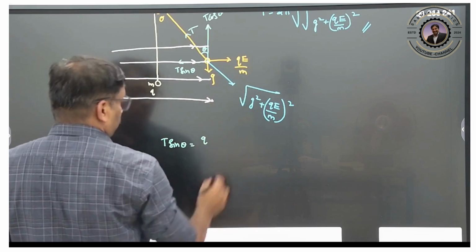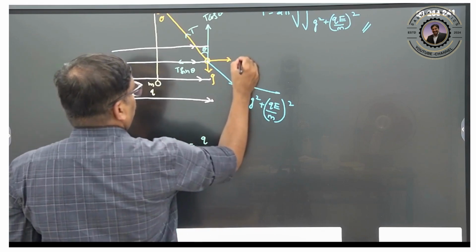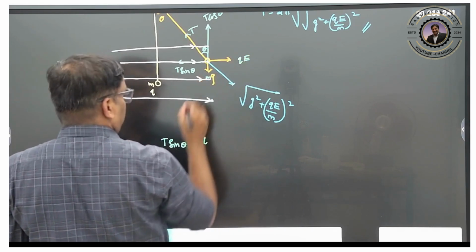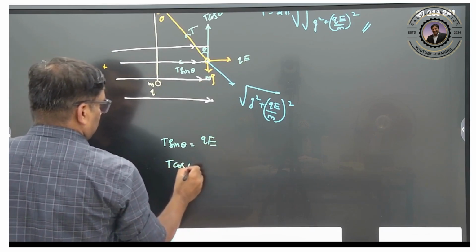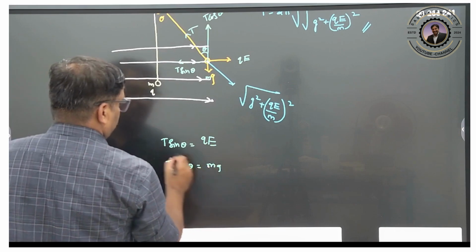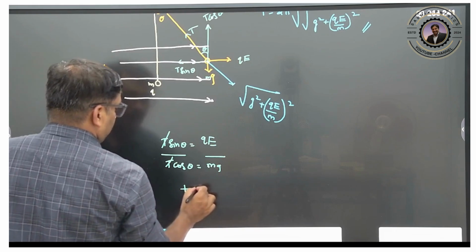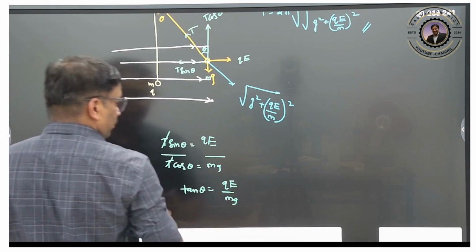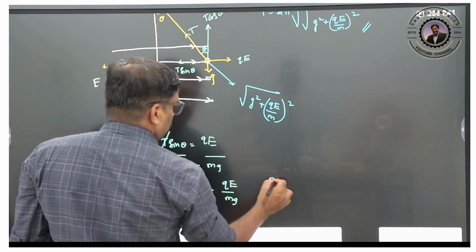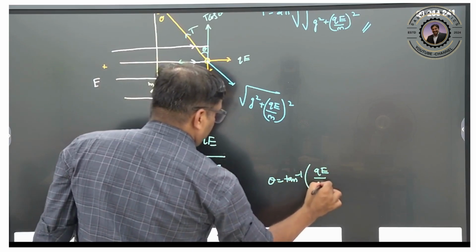This side you should get the force, how much will it be? Q times E, and T cos theta is equal to mg. Therefore, tan theta is equal to QE by mg, so theta is equal to tan inverse of QE by mg.